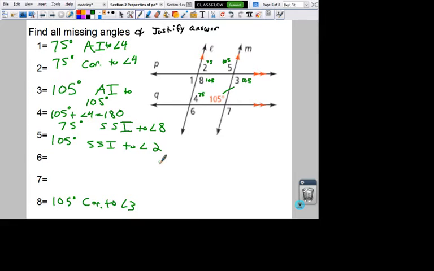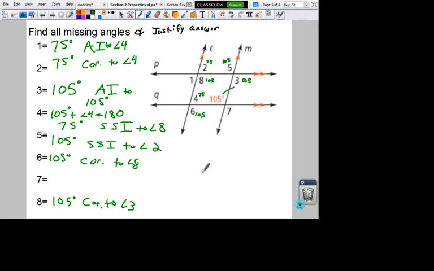Alright, let's look at angle 6. Kylie, help me out. Let's look at angle 6 and angle 8. What kind of angles are those? They correspond. Yep. So angle 6 is also 105 degrees, because it's corresponding to angle 8.